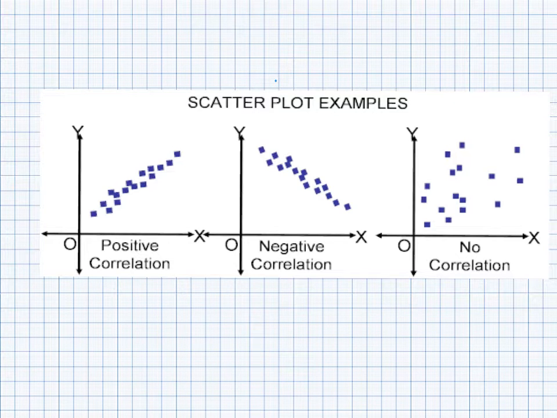So a positive correlation is going up from 0, kind of going towards the sky, and a negative correlation is going down towards the x. It's the angle that we're looking at here, even though we don't know what the plots are. And here, there's no line that we could draw, so there'd be no correlation.